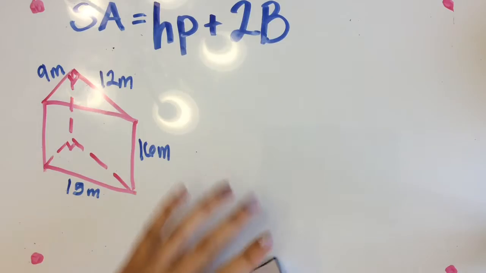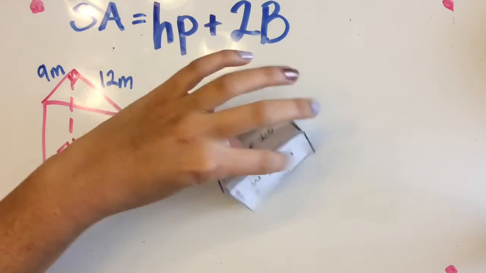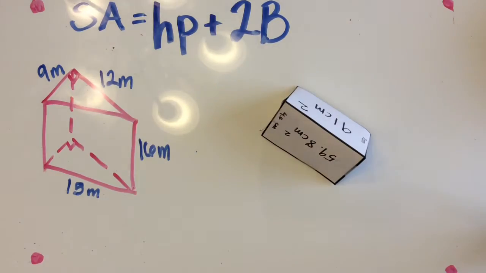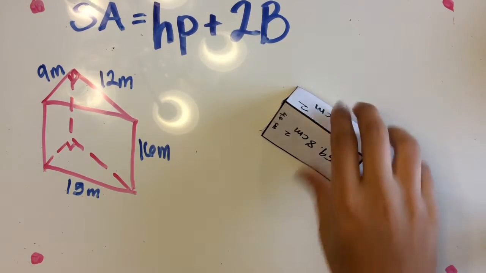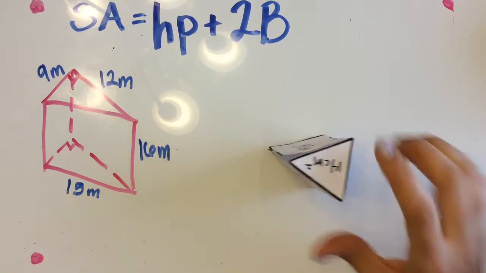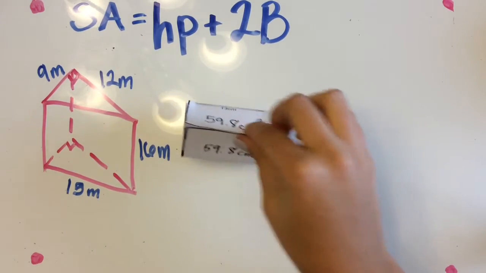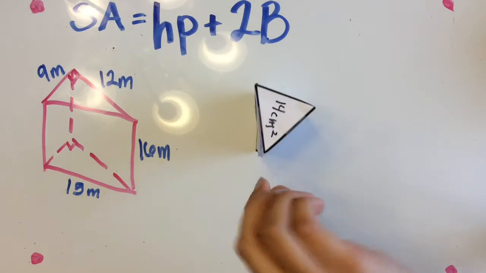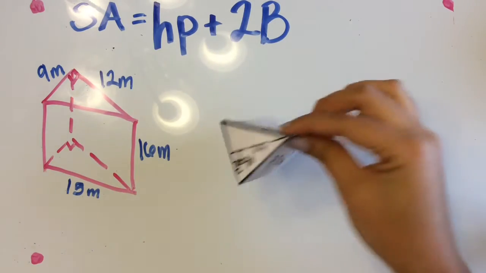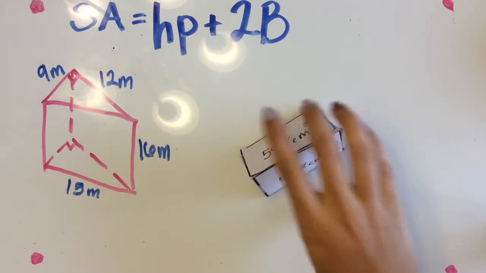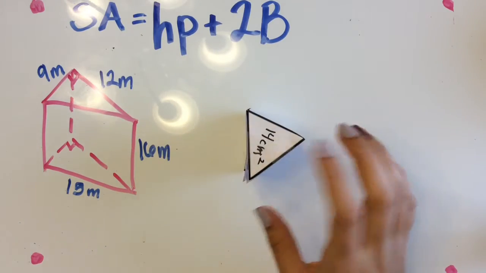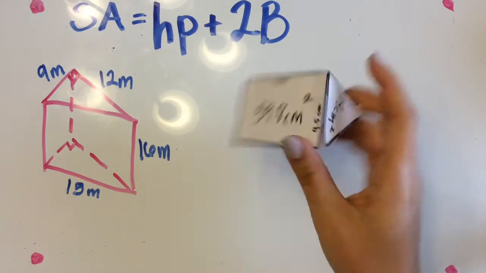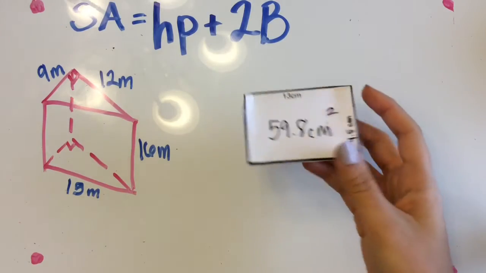It's important to identify the base because that's a huge part of our surface area formula. Remember, the base is the part that's not rectangular, the shapes that are opposite of each other, parallel and congruent, the exact same size. Remember we found that this was 14 centimeters squared and that was 14 centimeters squared.